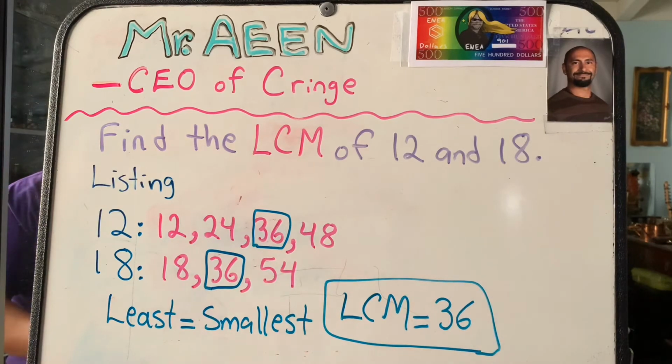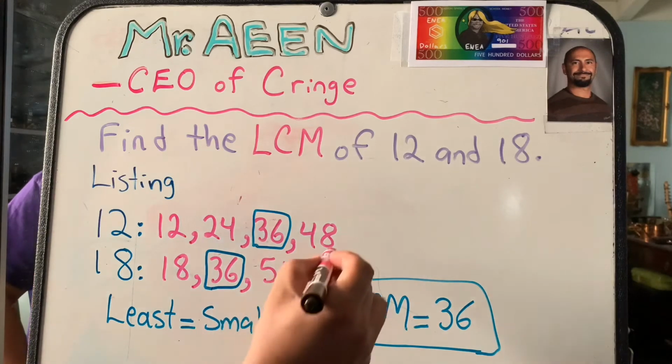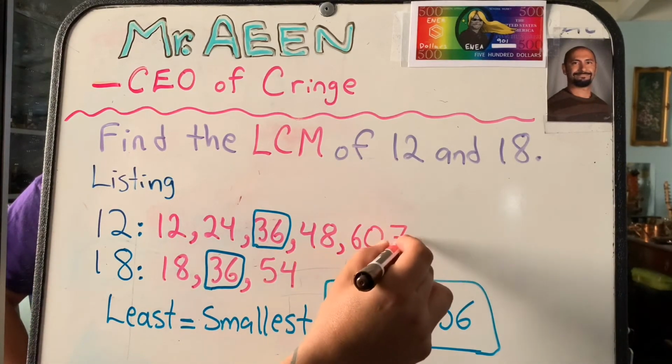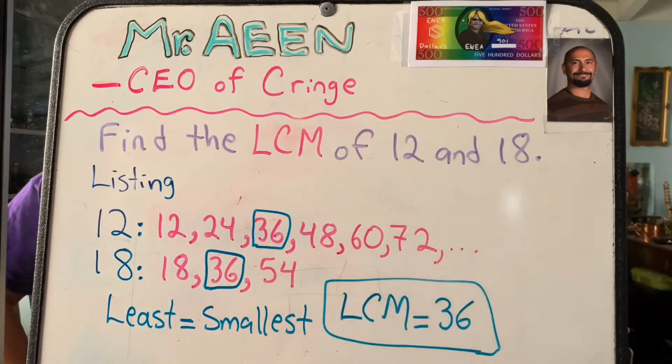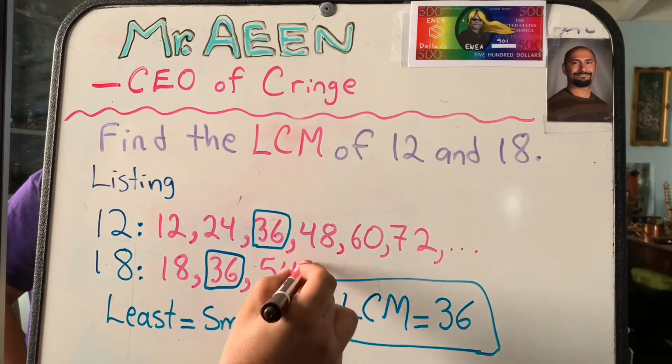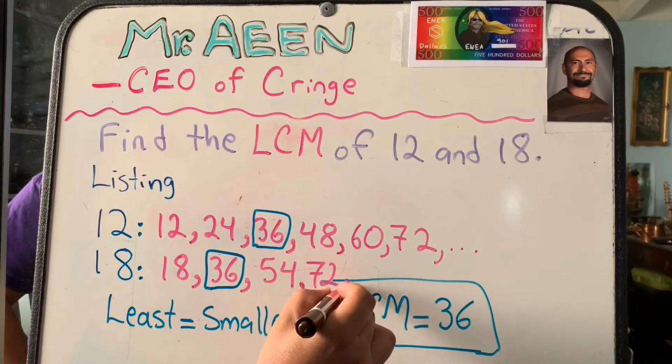Now, if I actually continue the list, if I keep going with the multiples of 12 and the multiples of 18, I'm going to find other common multiples. For example, you can do 12 times 5 is 60, 12 times 6 is 72, and you can keep going, but you don't really need to. And then 18 times 4, there's 72.